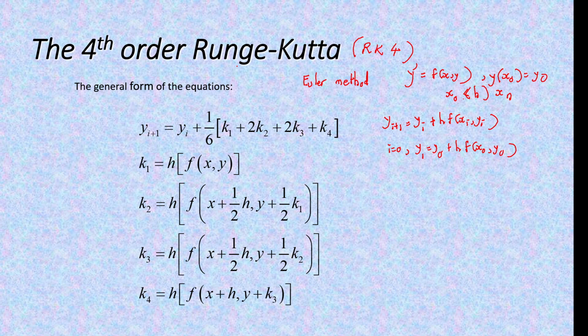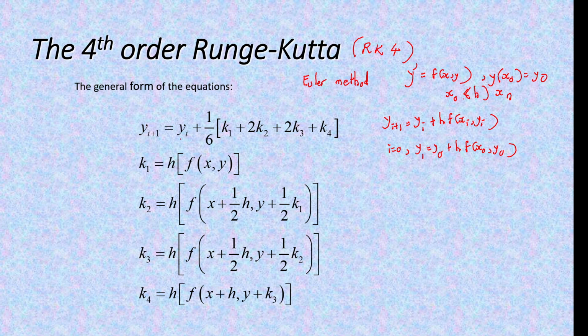Today we are going to look at the fourth order Runge-Kutta method, or RK4 method, where the solution is y i plus 1 equal to y i plus 1 over 6 of k1 plus 2k2 plus 2k3 plus k4.